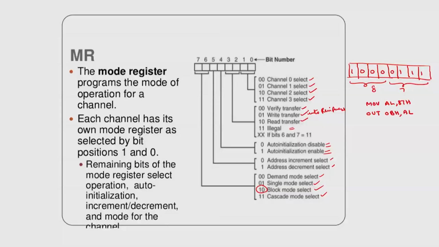Then I have to load this count. What is the count that I want to load? 1 kilobyte, using channel 3. So, what is the address of channel 3 which holds the memory starting address? Again coming from the table.